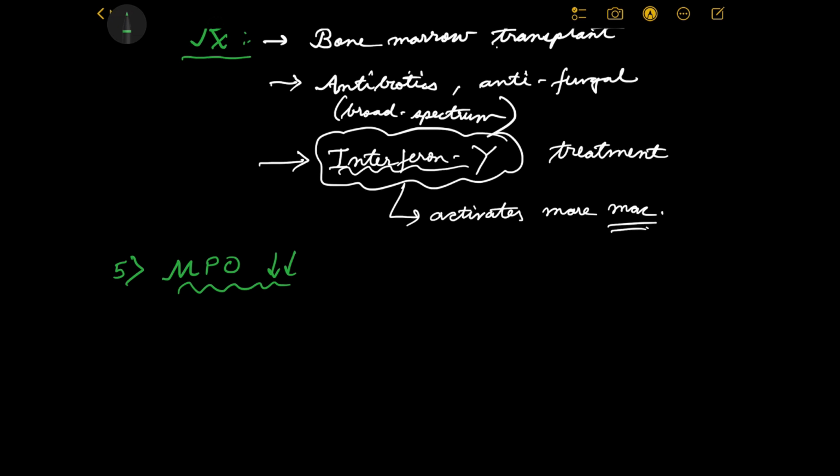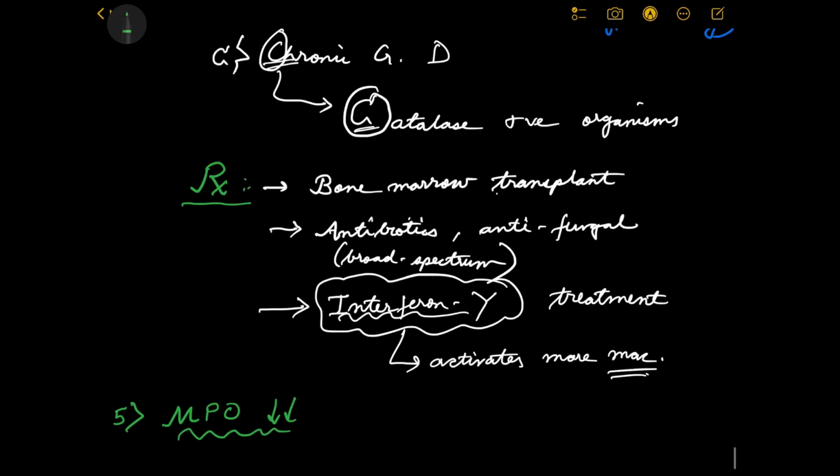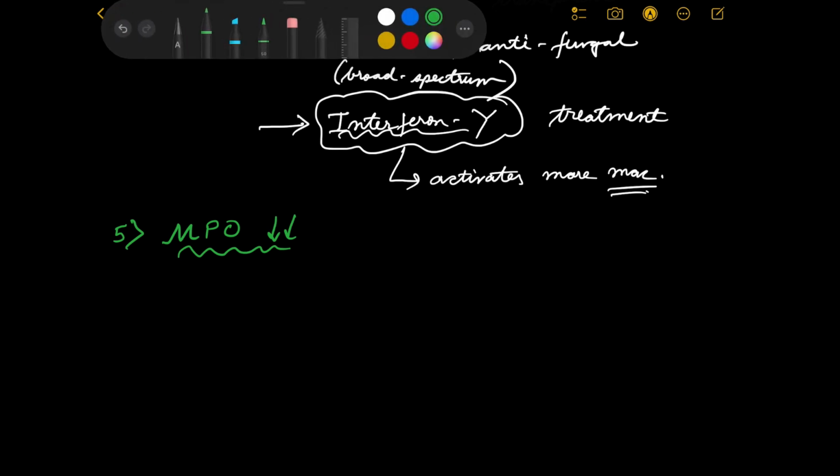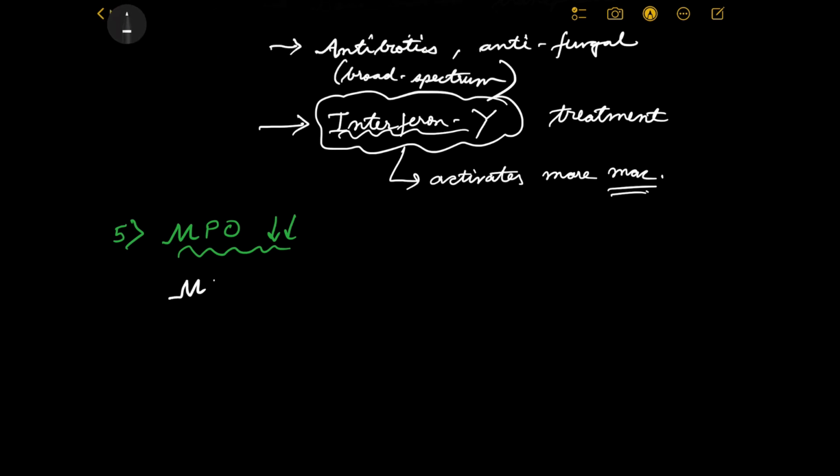But something to note is that myeloperoxidase is the most important enzyme for killing microbes. It leads to the formation of the hypochlorous radical with the help of a halide ion.